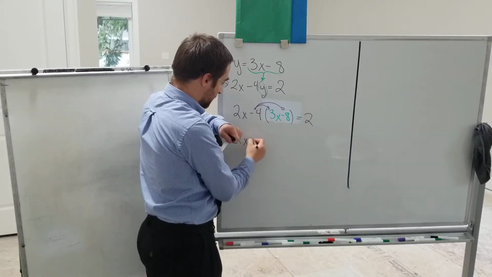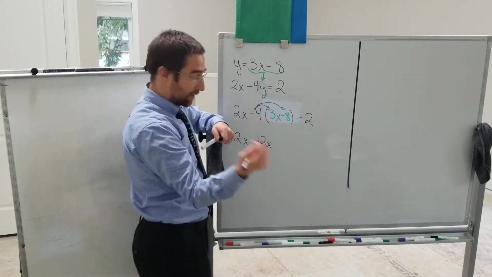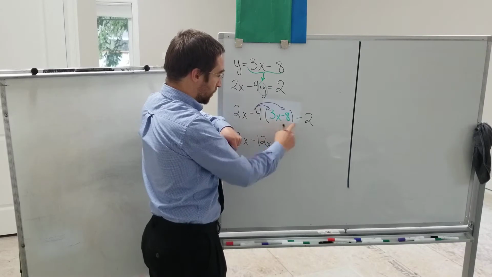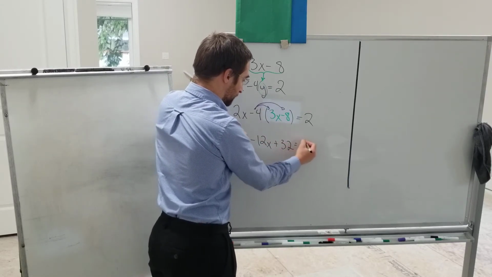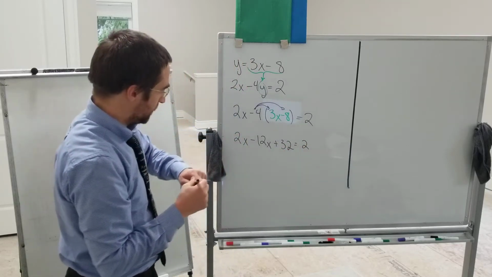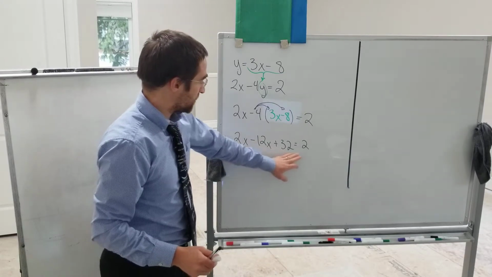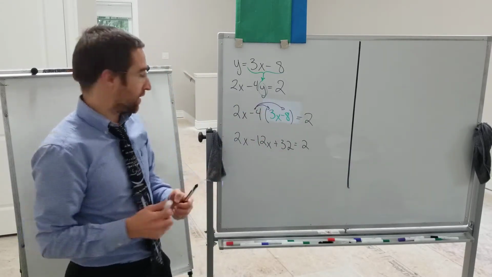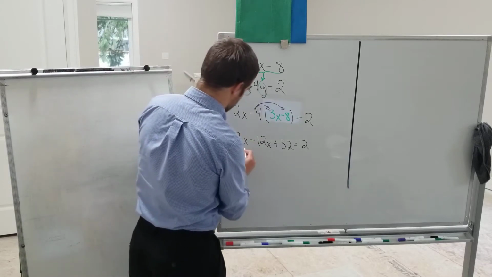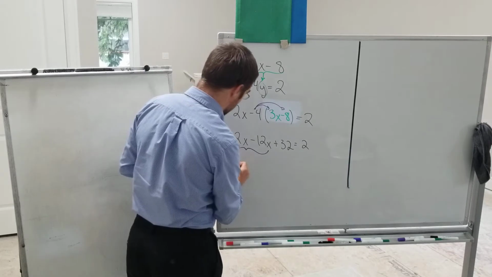So we get 2x minus 12x, because negative 4 times 3 gives us negative 12. And then minus 4 times minus 8 makes plus 32. So here, I have 2x minus 12x plus 32 equals 2, because I distributed that negative 4 through. So now we're going to solve. I can combine like terms. 2x minus 12x is going to give me negative 10x.